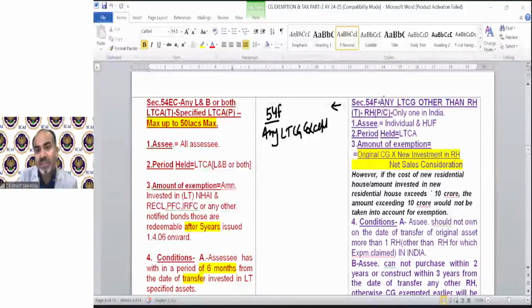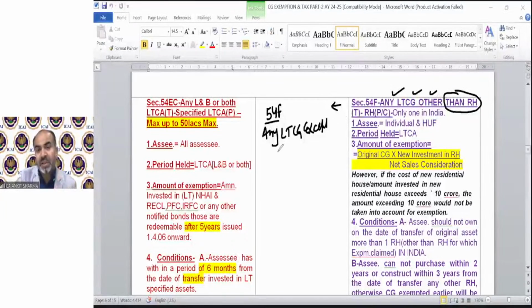So it could be a long-term capital gain of shares, debentures, land, jewelry, etc. Any kind of long-term capital gain except residential house.